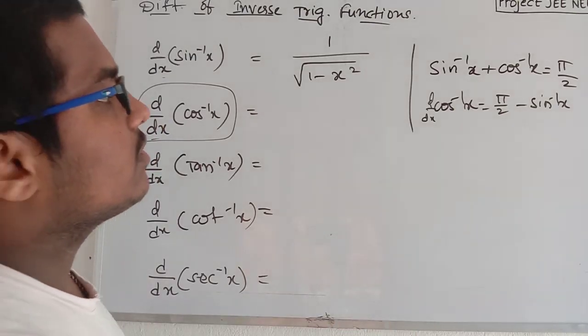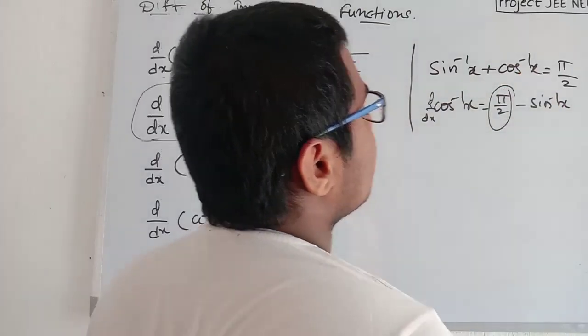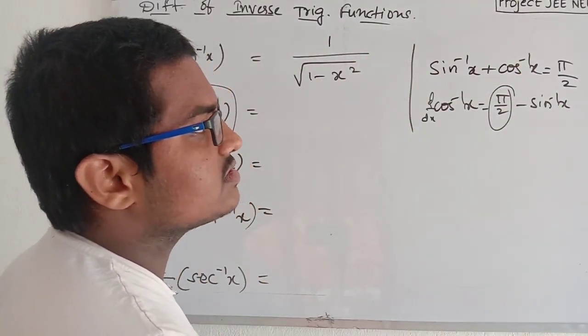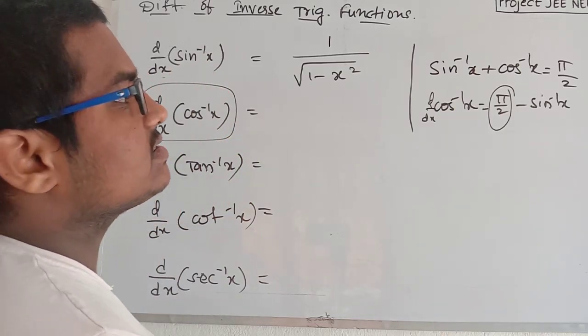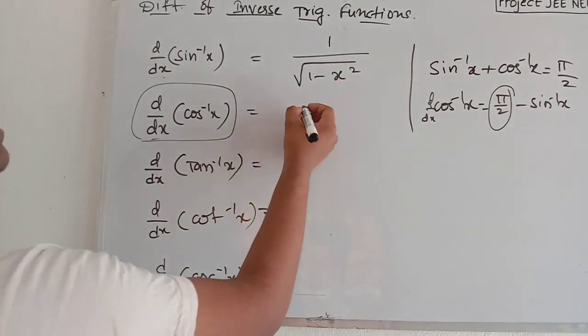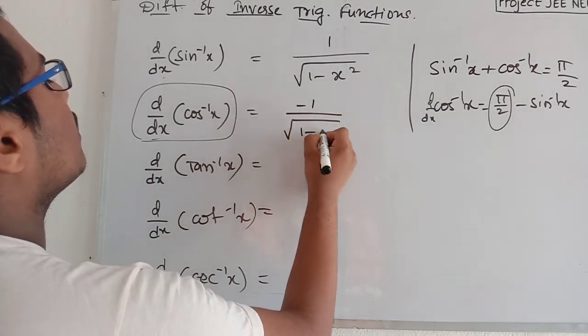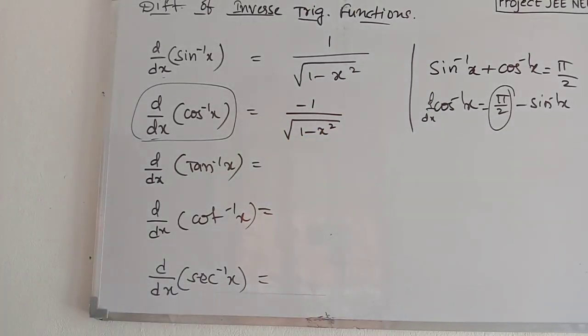Okay, d by dx of pi by 2 minus d by dx of sin inverse x is actually d by dx of minus sin inverse x. So we get minus 1 by square root of 1 minus x square.